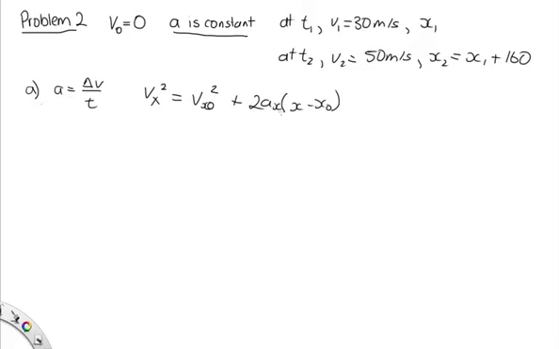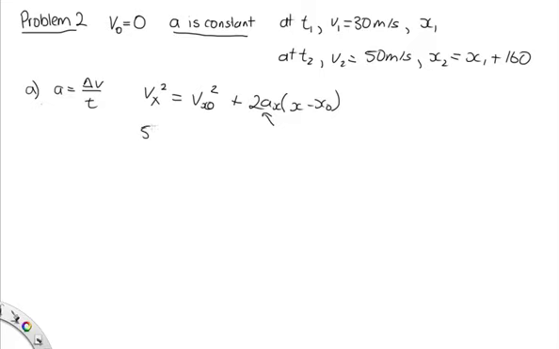We're only considering motion along the x-axis. vx squared is the final velocity, vx naught squared is the initial velocity, and ax is the acceleration in the x direction, and this is the change in displacement. So we do actually have everything in this equation apart from ax, which is what we're asked to find. So let's substitute into this formula.